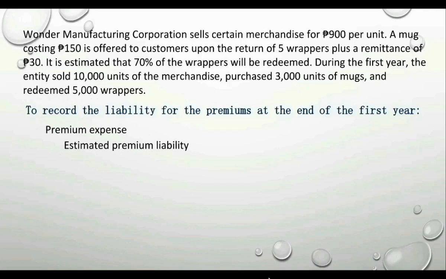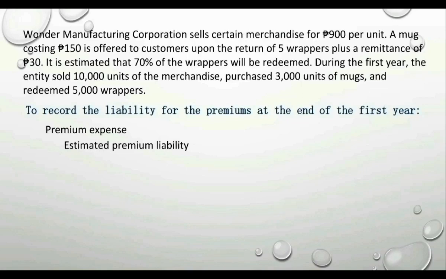Although the premiums or mugs have not yet been distributed, premium expense must already be recorded to comply with an accrual accounting principle you learned in your first accounting subject, the expense recognition principle or matching principle, which requires expense to be matched against the related revenue.